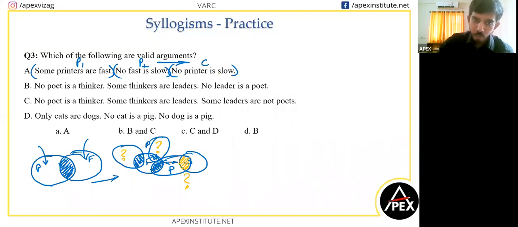So this we cannot definitely say. No printer is slow cannot be guaranteed. I can't definitely tell you that printer and slow will not overlap. We just saw a situation in which it might, and we just saw a situation in which it may not. So this is not a valid argument. This is invalid. So A is eliminated.